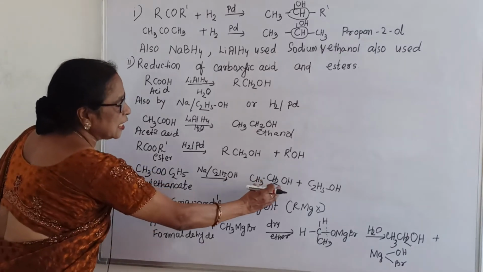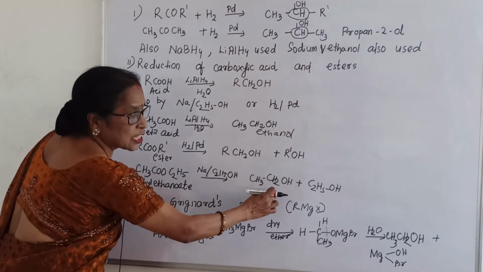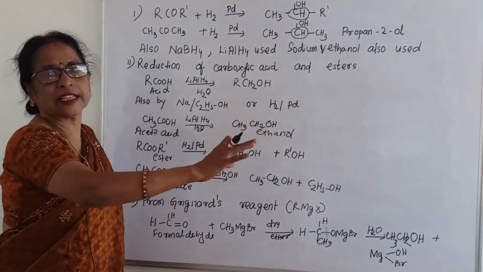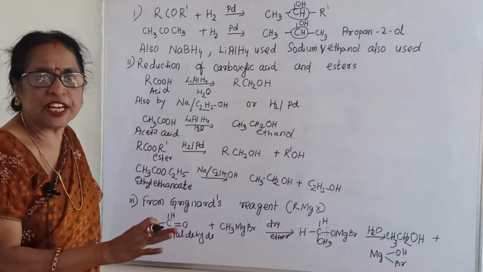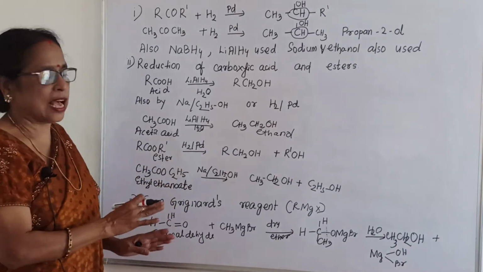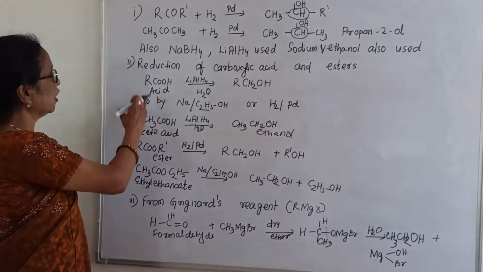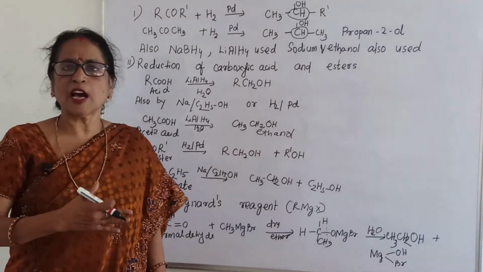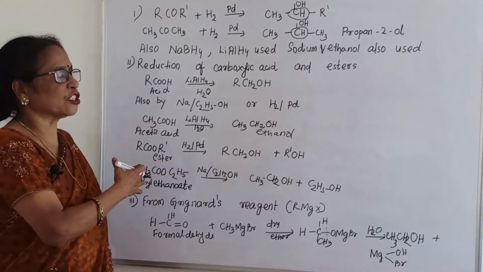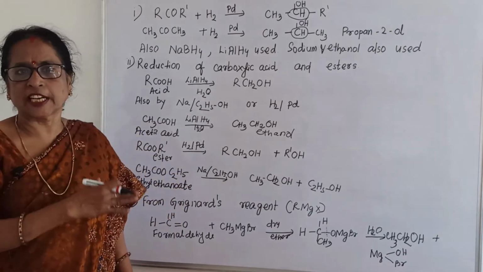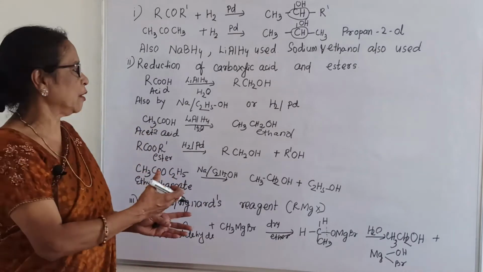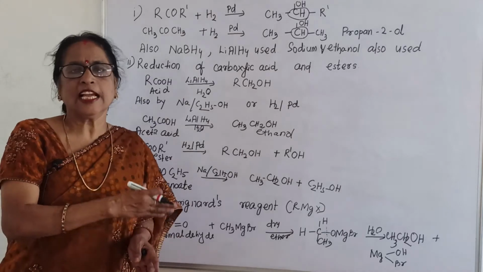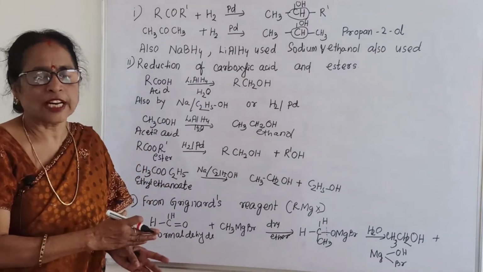This part changes to CH3CH2OH, and this part directly changes to C2H5OH. Both have the same meaning, both are ethyl alcohol. Now here you can see reduction of carboxylic acid and reduction of ester. I hope it is clear. You take ester, it will give two types of alcohols, and you take acid, it gives directly one type of alcohol.